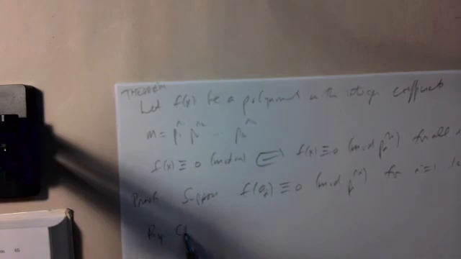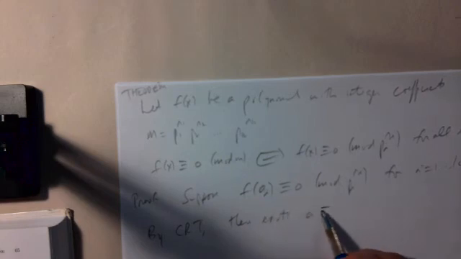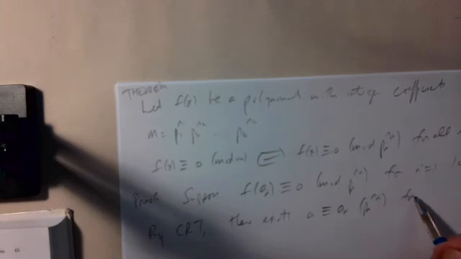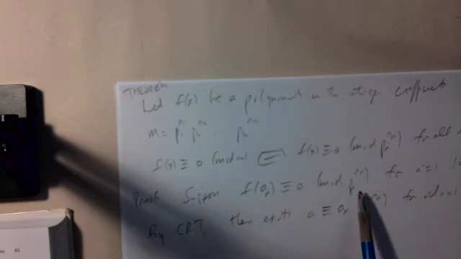So these are different numbers. But then by the Chinese remainder theorem, there exists an integer a which is congruent to ai mod pi to the ri for all i from 1 up to k, because these moduli are distinct prime powers. They're pairwise relatively prime.